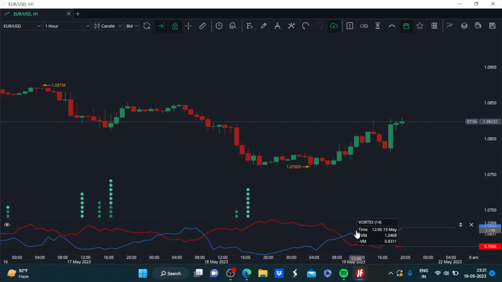So here we have these two outputs, VM plus and VM minus, which are simply the output values that make it easier for us to go for the trend change.